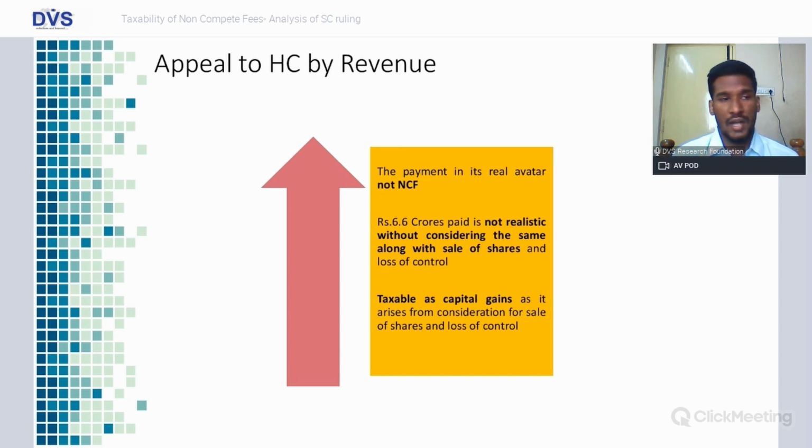Since shares are a capital asset, transfer of a capital asset would attract capital gains. So the High Court stated that this is capital gains, and the assessee shall be subject to tax on the same. This was the stance of the High Court, completely deviating from the stance of the AO, ITAT, as well as the assessee.